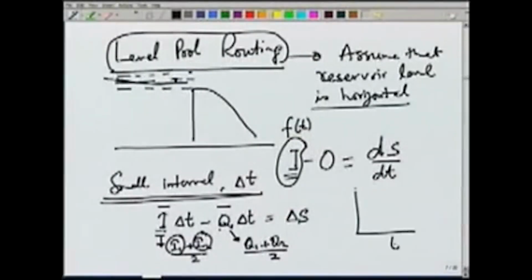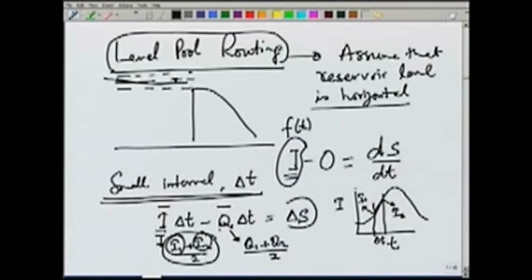So, if t versus I is known to us, and suppose we have taken this delta t, then this will be I1 and this would be I2. So, obviously, delta t has to be small enough so that we can assume that this portion is more or less a straight line, and therefore, this assumption of average flow being equal to I1 plus I2 by 2 will be valid, and delta S will of course be the change in storage S2 minus S1.